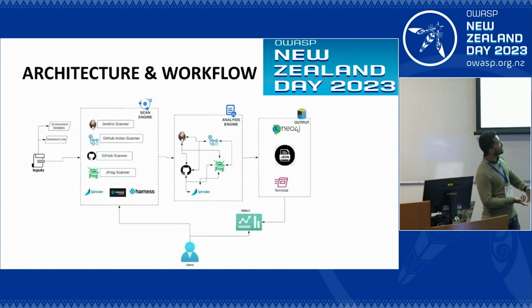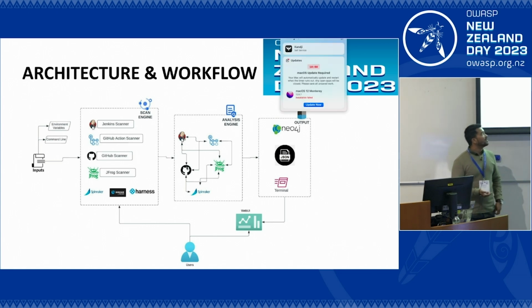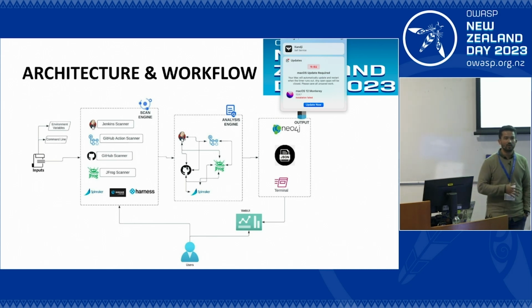In the output format, you have three types. Like I said, you can simply show it in the terminal, put it into JSON, and have it stored in Neo4j. The primary use case for JSON is that you might want to redirect that output into, let's say, your analytics engine, such as Elasticsearch. Or maybe you want to integrate it into your workflow and consume that JSON format in some other way.